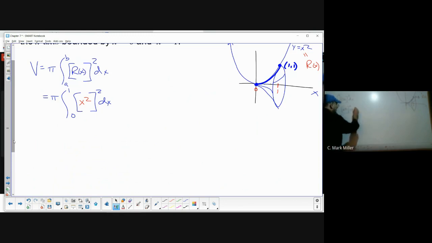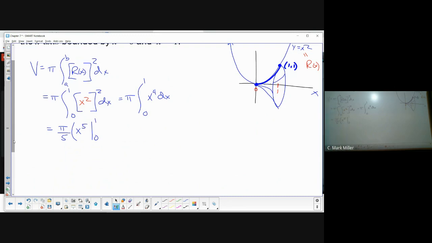This is pi integral 0 to 1 x to the 4th dx, which is pi times x to the 5th divided by 5. I'm going to put the 5 on the outside, from 0 to 1. You plug the 1 in, you get 1. Plug in 0, you get 0. So that's just pi over 5.